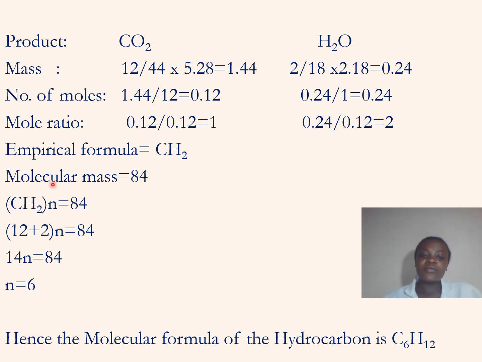Then to get the molecular formula, we equate the empirical formula multiplied by a certain number to the molecular mass. So the empirical mass, that is 12 for carbon plus 2 for the two hydrogen atoms, gives us 14, then times n, that is 14n, equals 84. So n was 6.